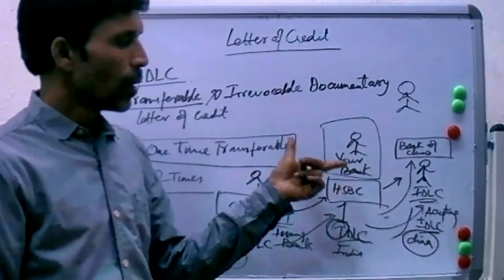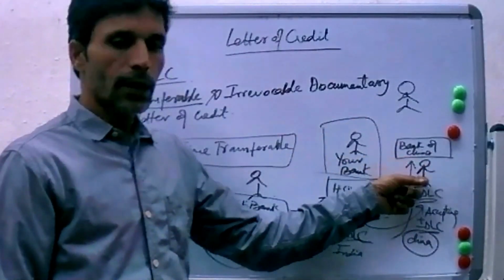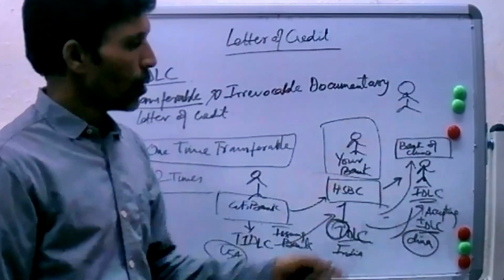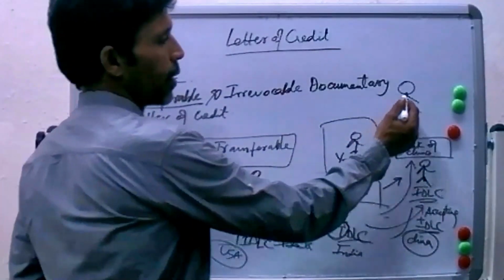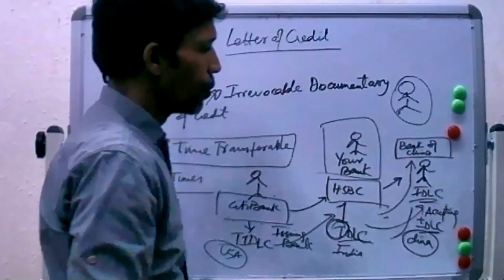So as I told, if you have got this supplier's details via another agent, and this other agent wants his commission, how will you give his commission?